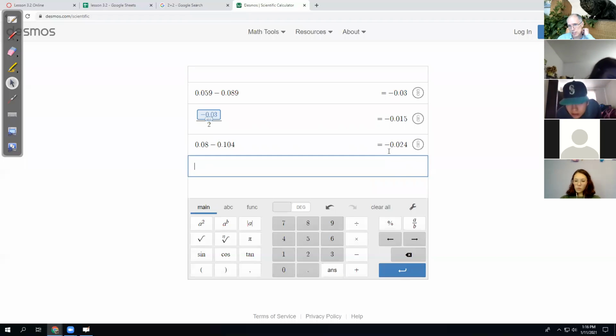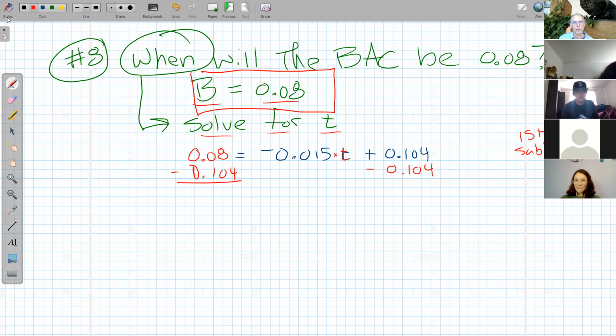And my calculator says it's negative 0.024. These two combine to be 0, right? 0 plus anything doesn't change it. So all that's left on the right side is the negative 0.015t.